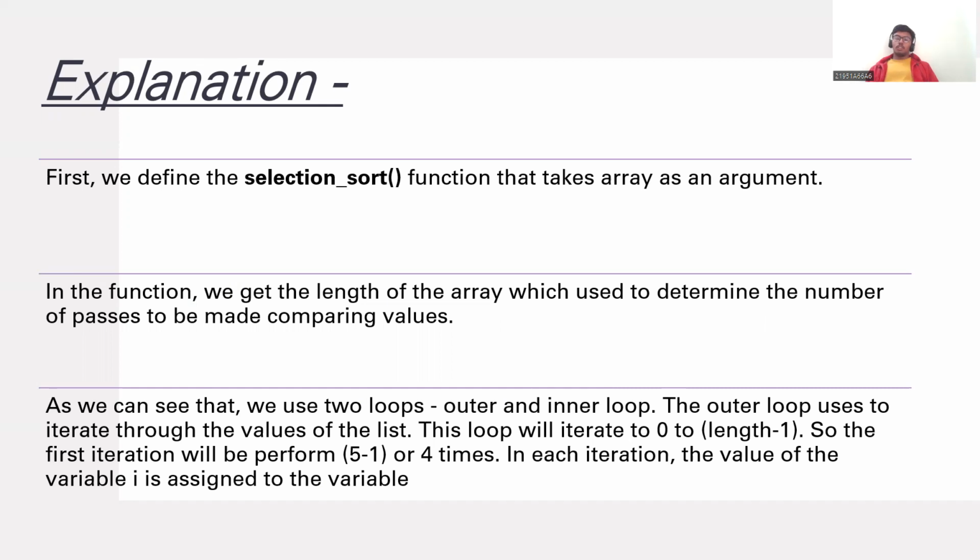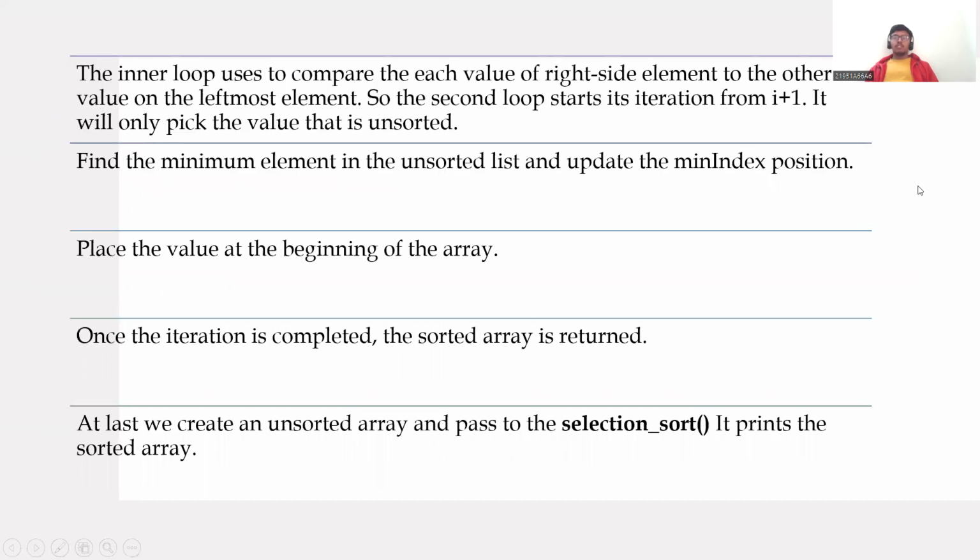In each iteration, the value of the variable i is assigned to the minimum index variable. The inner loop is used to compare each right side element to the leftmost element.